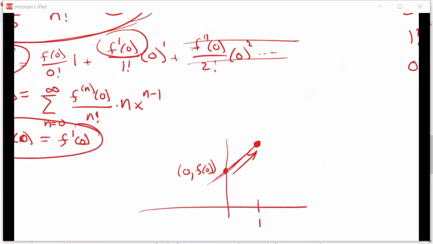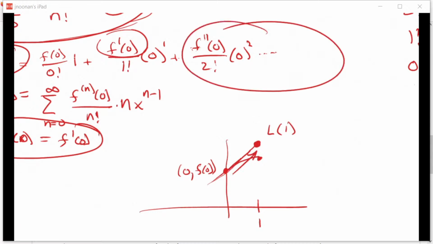All the other stuff that I crossed out up here, I'm waving my hands a bit, but the rest of the stuff would actually bend this to be wherever f of 1 was. So this is the linearization, back from Calc 1, the linearization at 1. The actual function may be right there, and all those other little terms are going to pull it. Without showing you all the proof, it does pull it down.